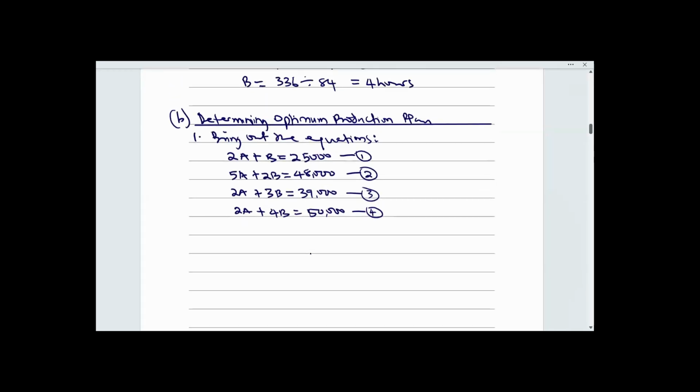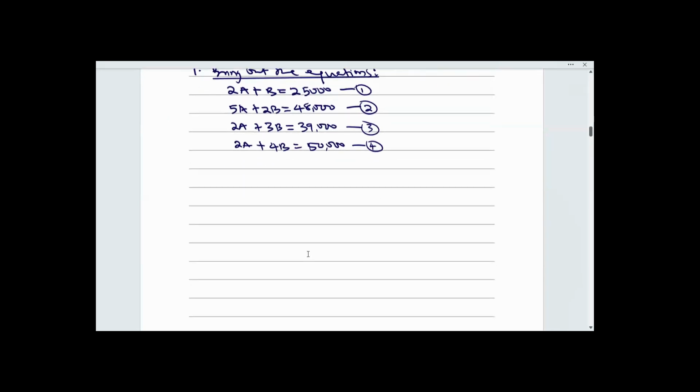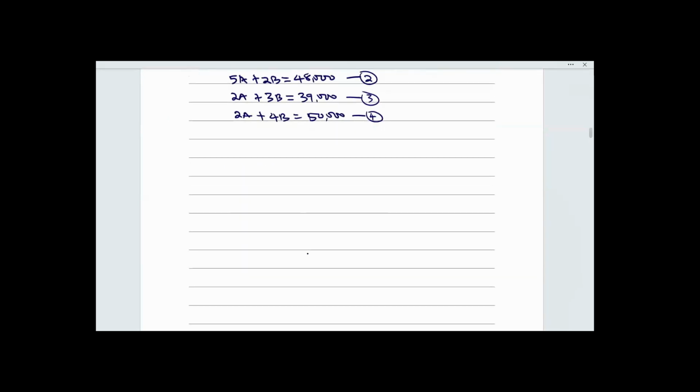At this point, you need to determine the value for each of the variables. You need to calculate values for A and B for each of the equations using the elimination method. So I will bring out the first one: 2A plus B equal to 25,000.